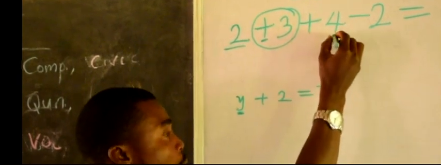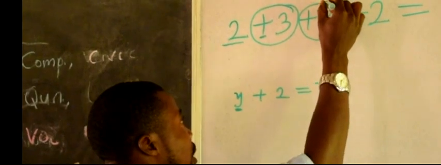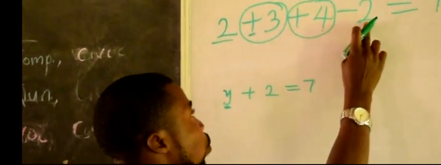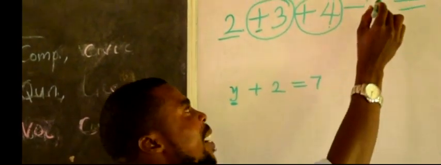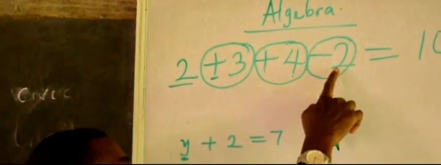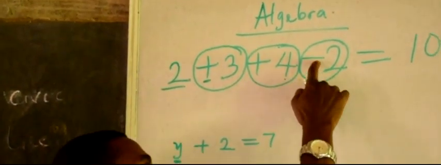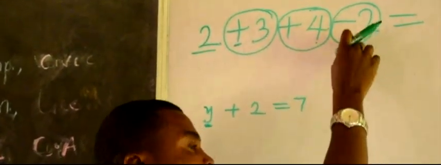The sign of 4 is also this one. The sign of 2 is minus. So anywhere this 2 is going, it must not leave behind its sign. It must go with its sign. If 2 is going to this place, it must go with its sign.